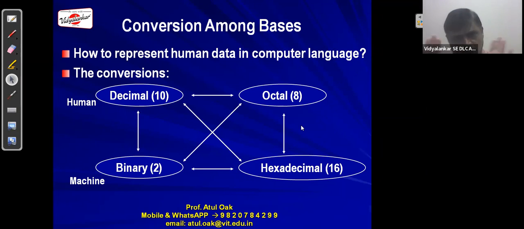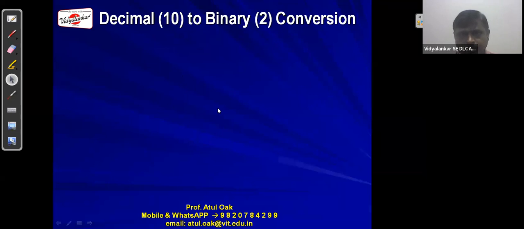So I'm teaching. Let's start one conversion, decimal to binary. Okay, now most of the conversions I will be teaching in two phases. One phase is how, and the second phase is do.